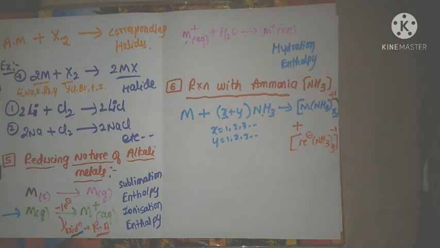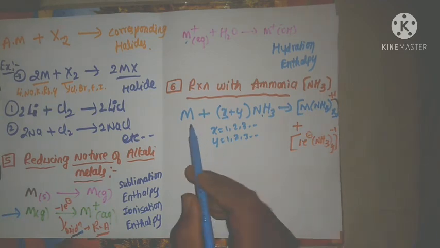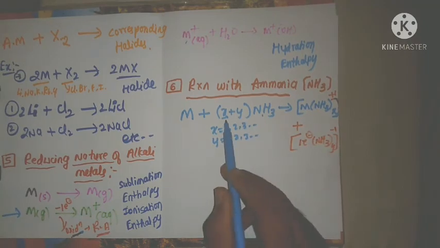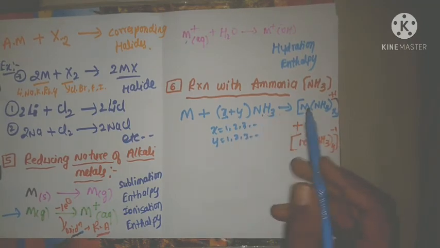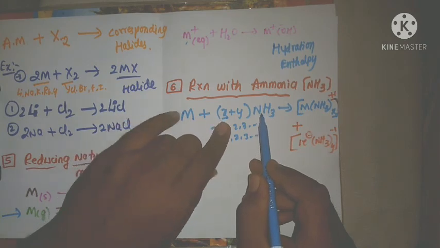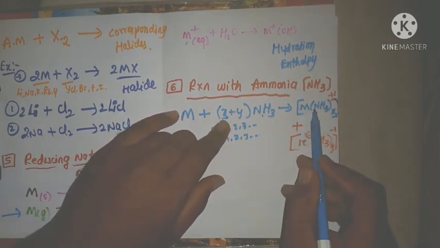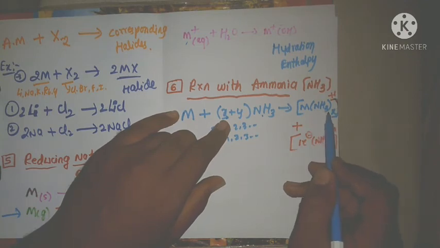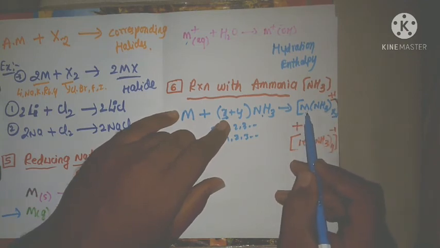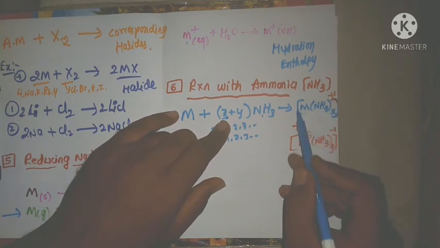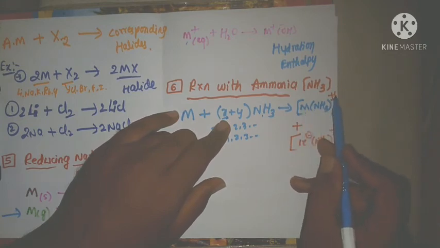Just remember, when alkali metal M reacts with X plus Y times of NH3, X times of NH3 reacts with the M to form MNH3X. Here M, if it loses one electron, the oxidation number is plus 1, so this complex has plus 1 charge.